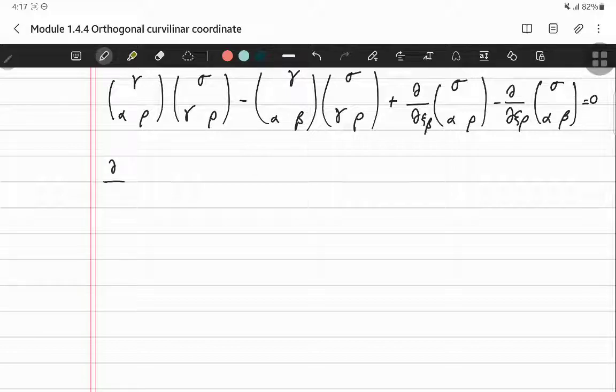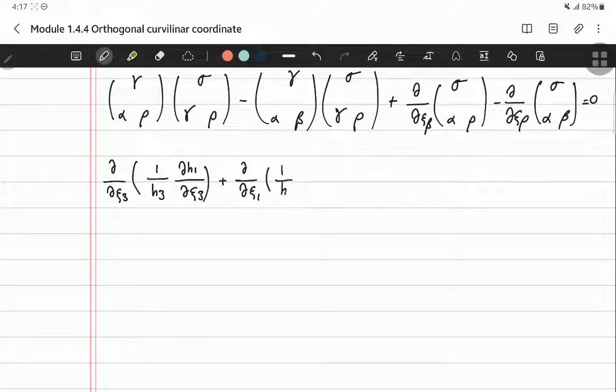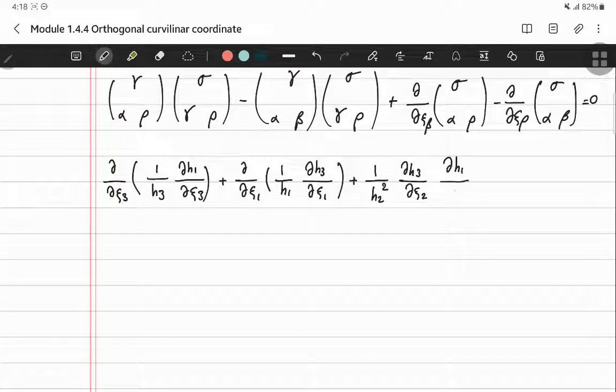So you're going to have this: 1 over h1, partial derivative of h1 with respect to z3, plus partial z1 of 1 over h1, this is h3, with respect to z1, plus 1 over h2 partial derivative of h3 with respect to z2 and h1 with respect to z2 is equal to 0.